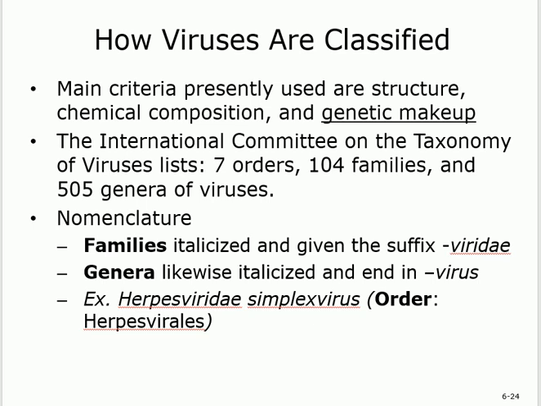What's viridae? This is Latin. Vir, the first part, means virus. It's a prefix. Okay, ae, this means family. So viridae means the virus family. So this is the name of the family. This is important, okay? This is going to help us to understand the names.